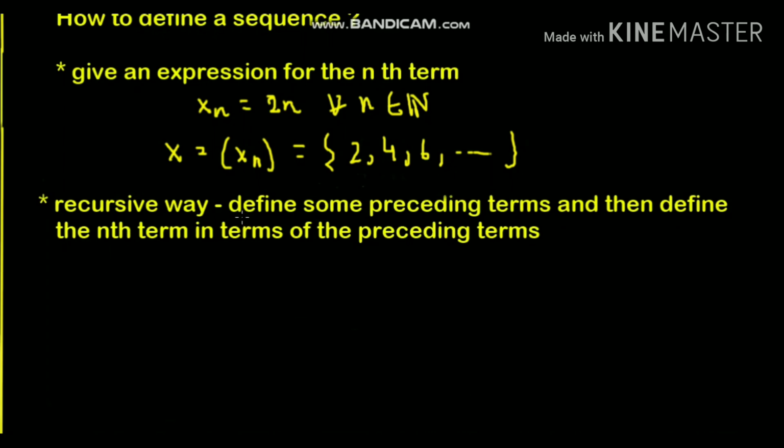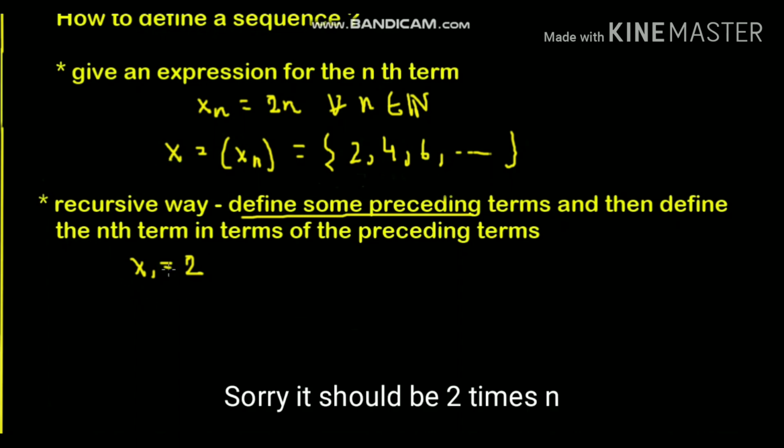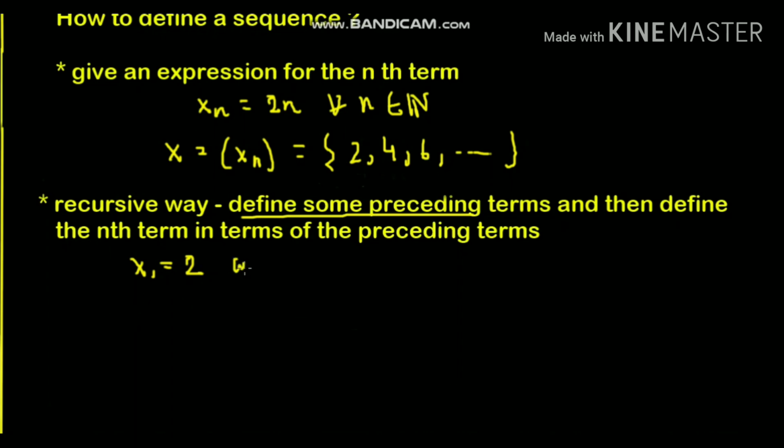If I want to write this expression in a recursive way, let's say x of 1 is equal to 2. So I define the preceding term, x of 1 equals 2. Now I want to have x of n equal to 2 to the power n. What should I do? Well, it's actually quite simple. You can just define x of n.